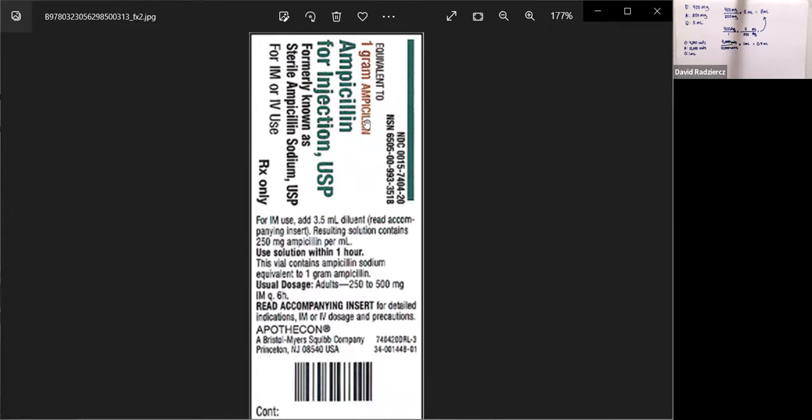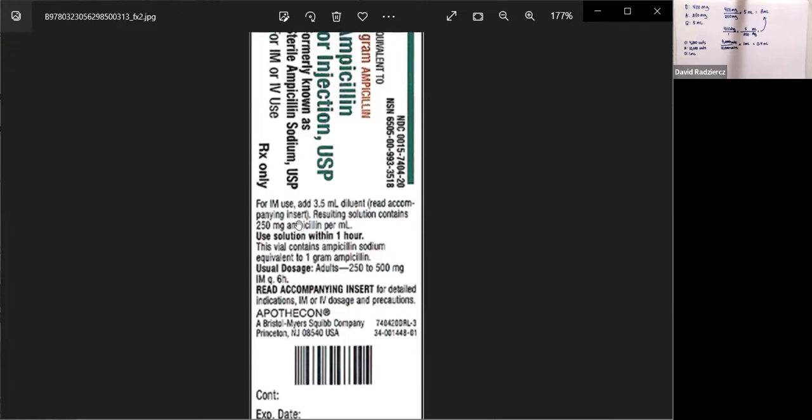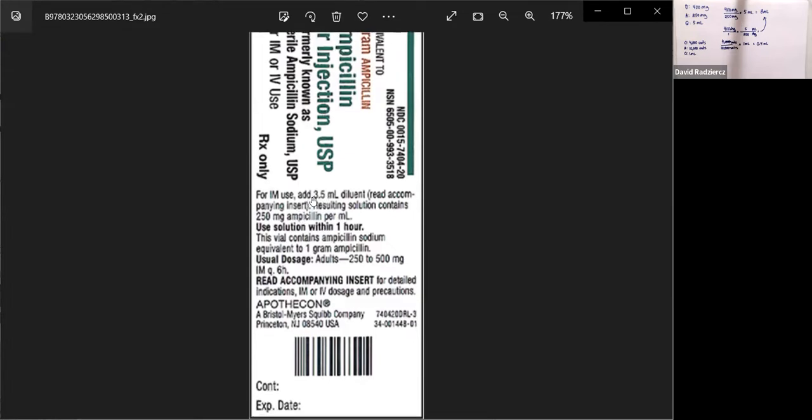So for this ampicillin, it's 1 gram ampicillin and it's for injection, but it doesn't tell you anything on the main big part of the label. If it's for an injection, you need to know the milliliters, but it doesn't say anything about milliliters here. So we have to look down here and it tells you to add 3.5 milliliters diluent.